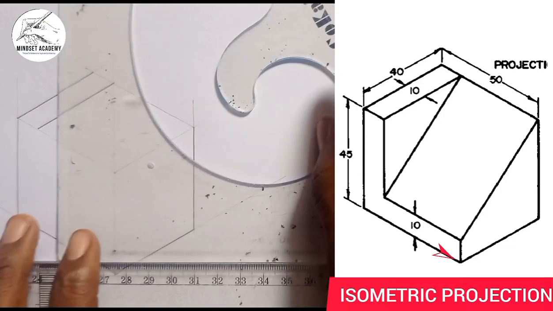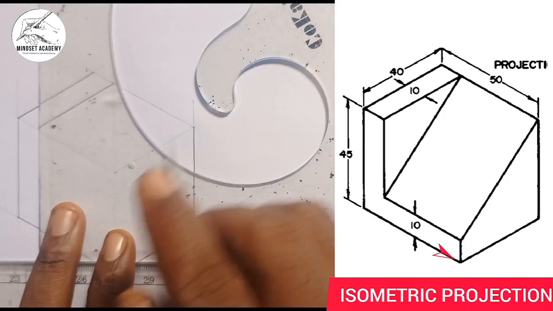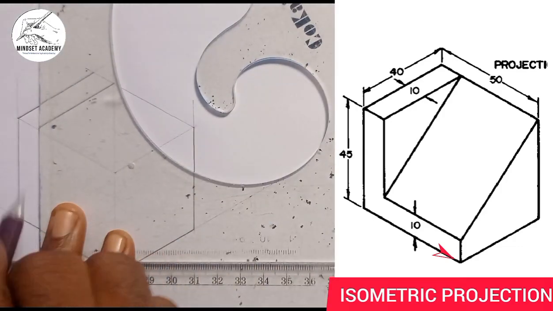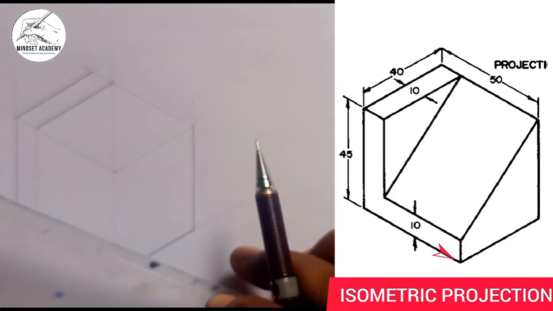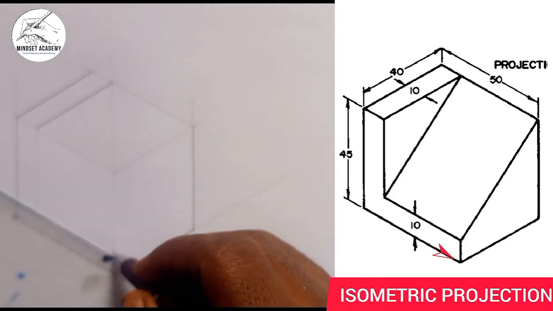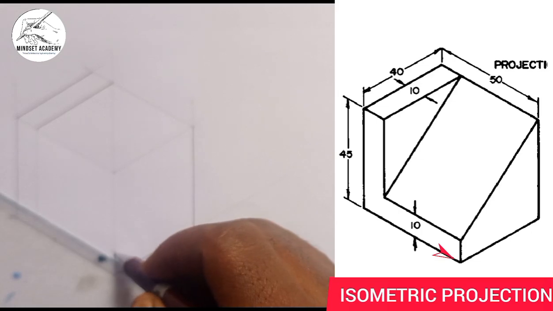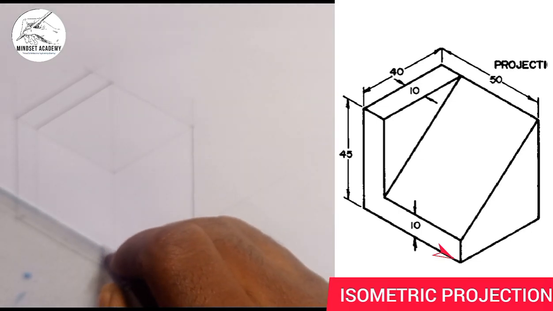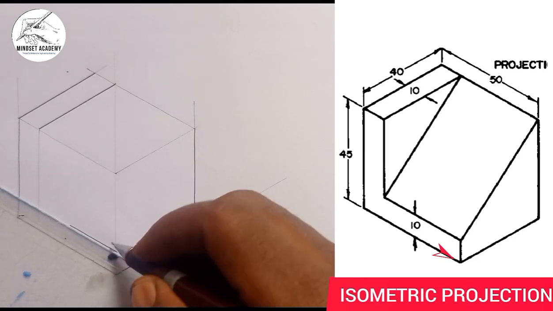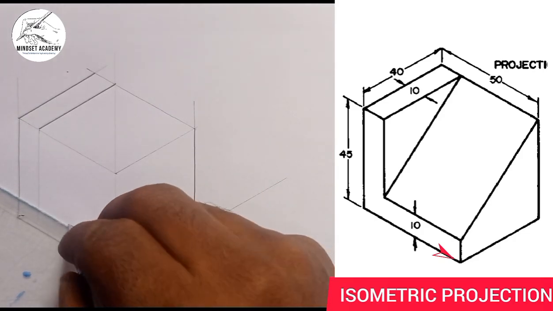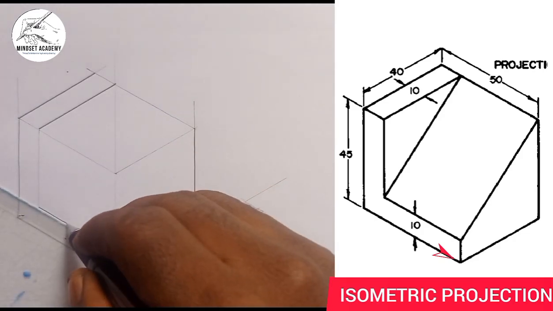And I'll bring it down with a faint line first, as shown in the diagram. On the other side also, I draw my line across that point from here, and I'll thicken it to move ahead and touch this point here.